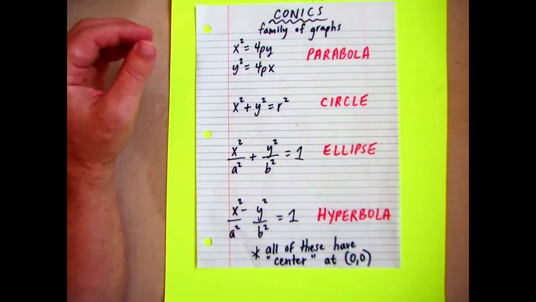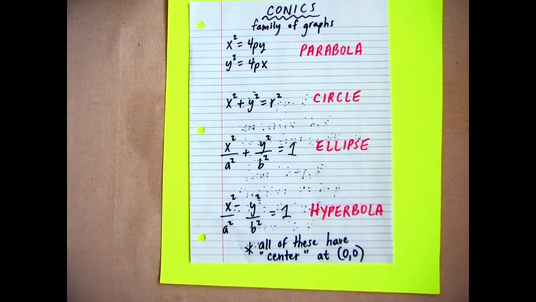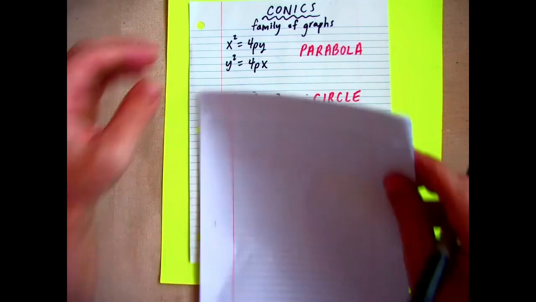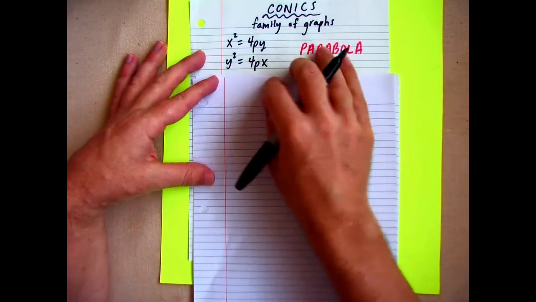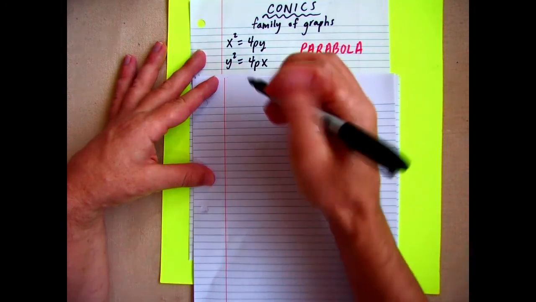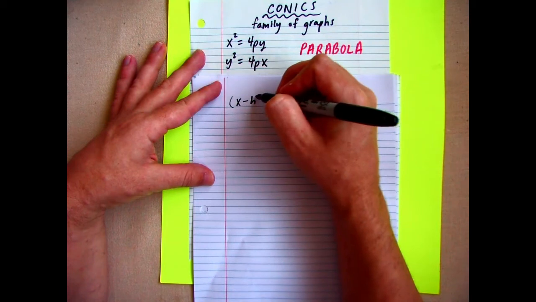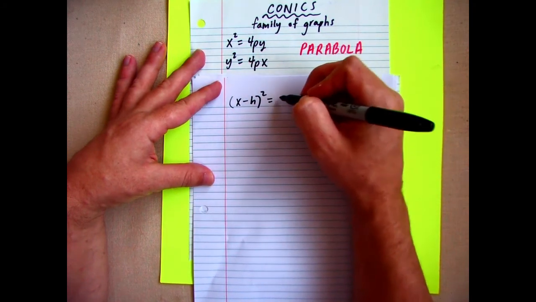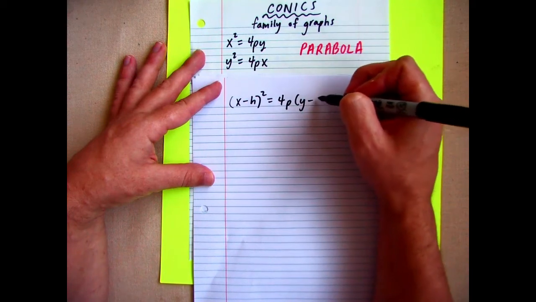Now, in this lesson, we're going to take it a step further. We're going to have centers or vertices not at 0, 0. So that's going to change the form of these equations. To include a center or a vertex, we're going to use h and k.